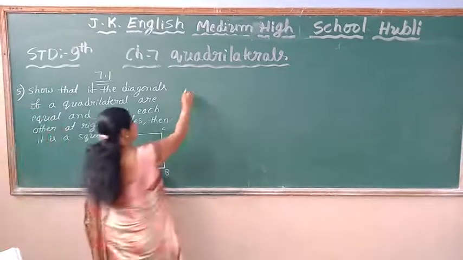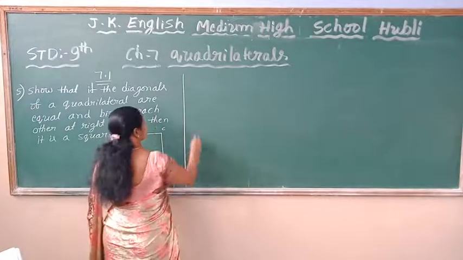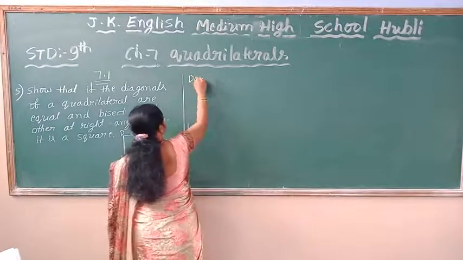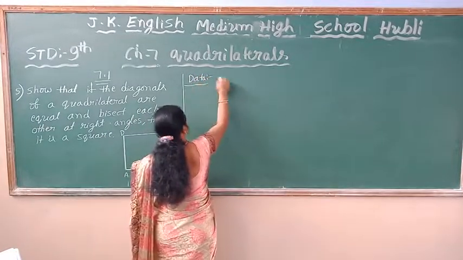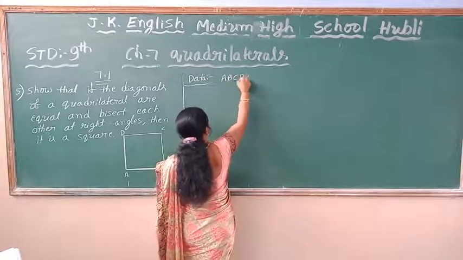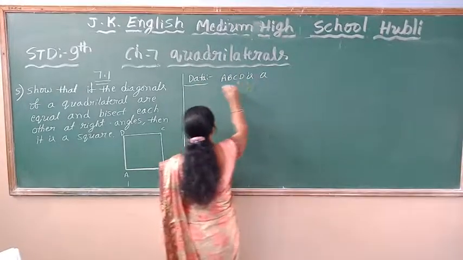So I am going to write now. Whatever is given, it is data. ABCD is a quadrilateral.